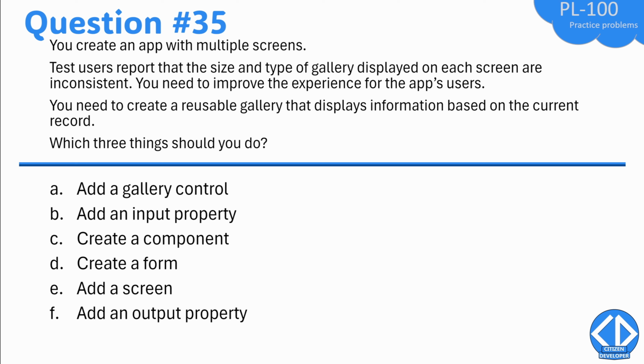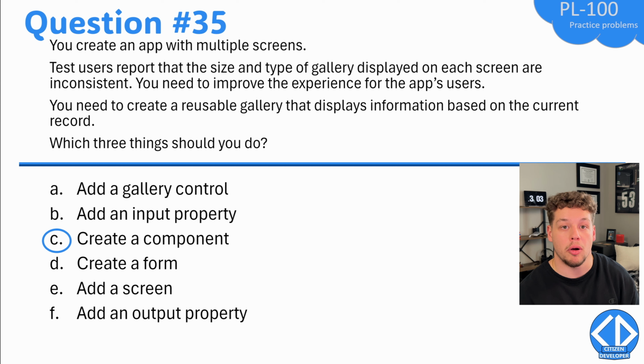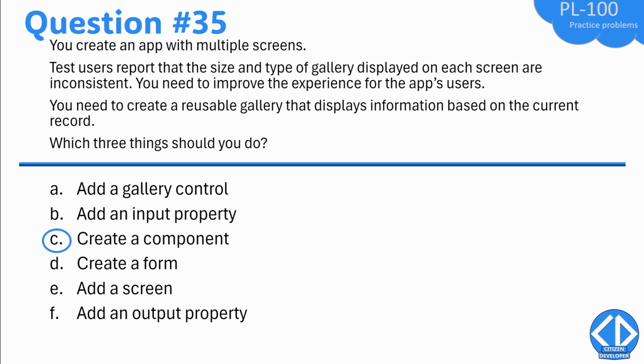What we need to do first is create a component. This component is then going to be in your component library, which can be used across different screens throughout your app. And now, because we are trying to control a gallery, we're not trying to add an output property or a screen, you now need a gallery control.